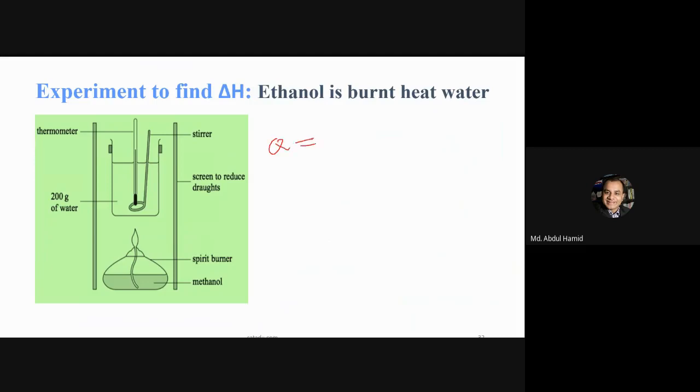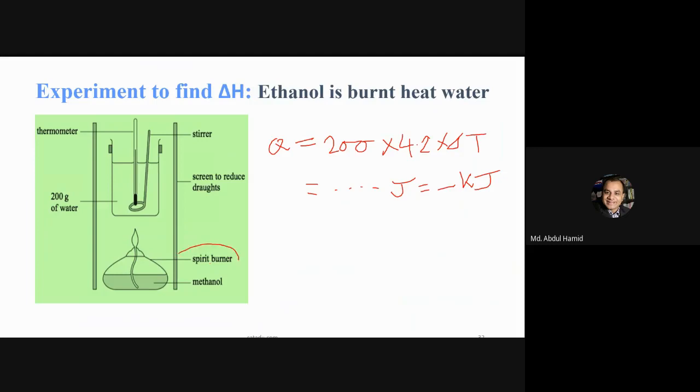The mass of water given is 200. The specific heat capacity of water is 4.2, and the temperature change you calculate from the initial temperature and the final temperature, right? This will be in joules, so you have to convert it to kilojoules by dividing by 1000, right? You can do it easily.